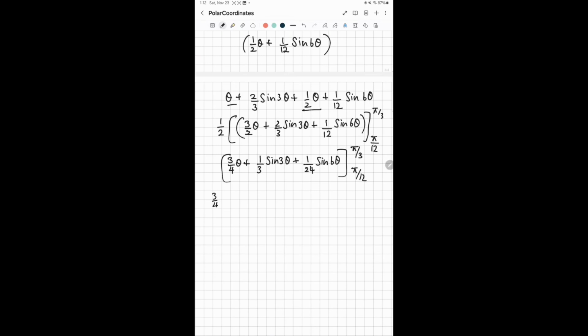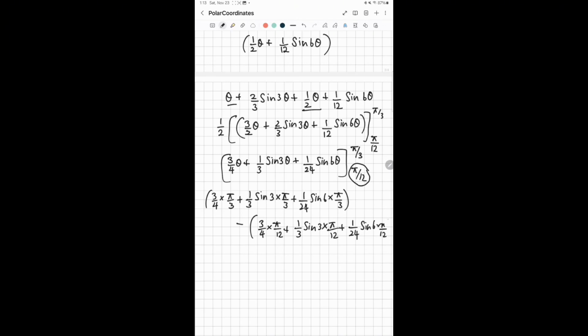So let's put 3 over 4 into pi over 3 plus 1 over 3 sine 3 into pi over 3 plus 1 over 24 sine 6 into pi over 3, this subtracted by the second limit. So 3 over 4 into pi over 12 plus 1 over 3 sine 3 into pi over 12 plus 1 over 24 sine 6 into pi over 12.